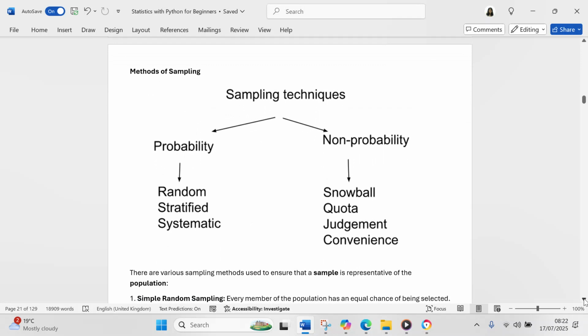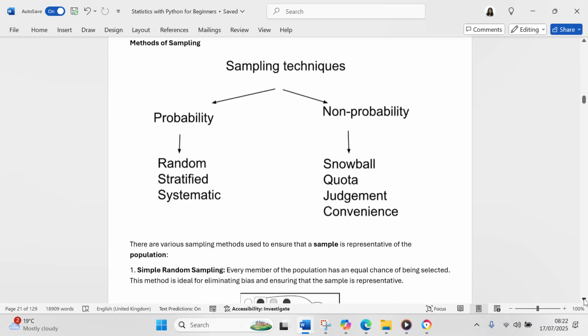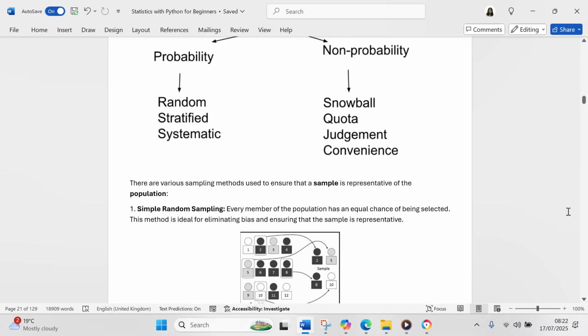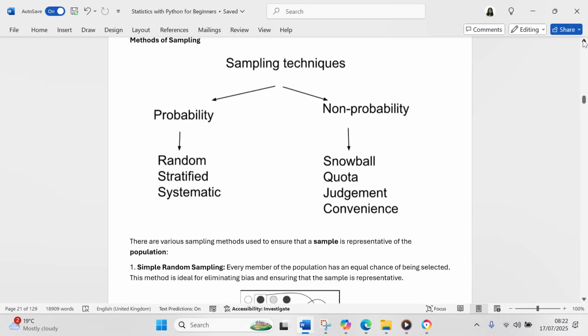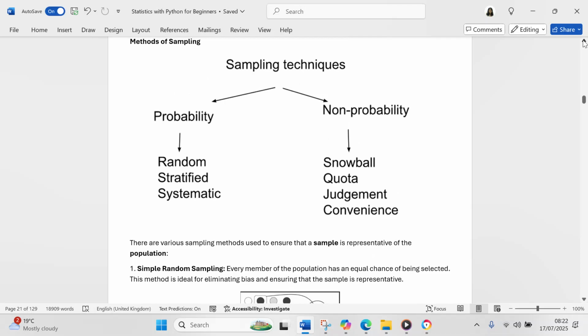But I just wanted you to know about non-probability sampling as well, which is snowball, quota, judgment, and convenience. So what we're going to do is we're going to stop this part of the course, and then we're going to go into Python, and we're going to cover sampling techniques in Python so you can understand sampling techniques in Python. So that concludes the textual part of the course.